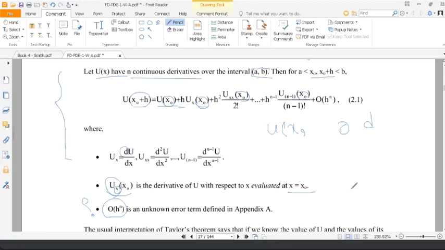Do you know what O of h^n means, yes or no? In advanced numerical analysis, in the last term, you should understand this topic: truncation error.